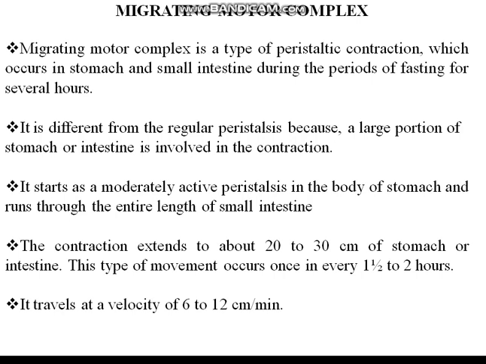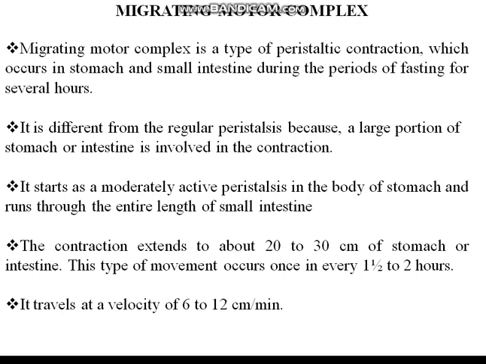It should not be confused with the regular peristalsis that takes place in the stomach and also in the small intestine that we had earlier described. It is different from the regular peristalsis for 3 reasons.